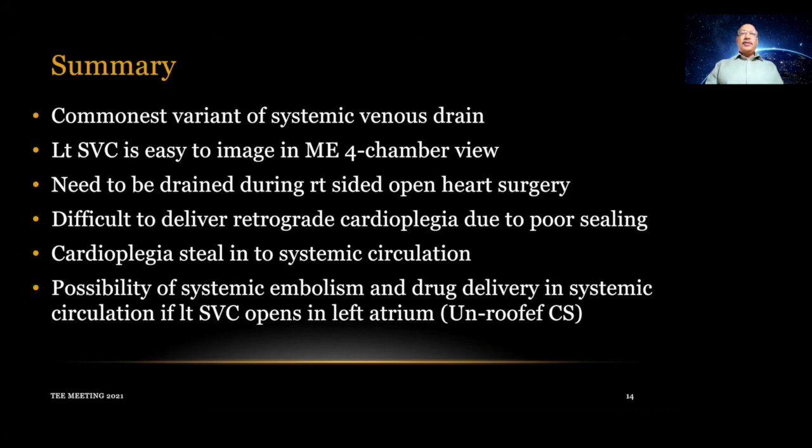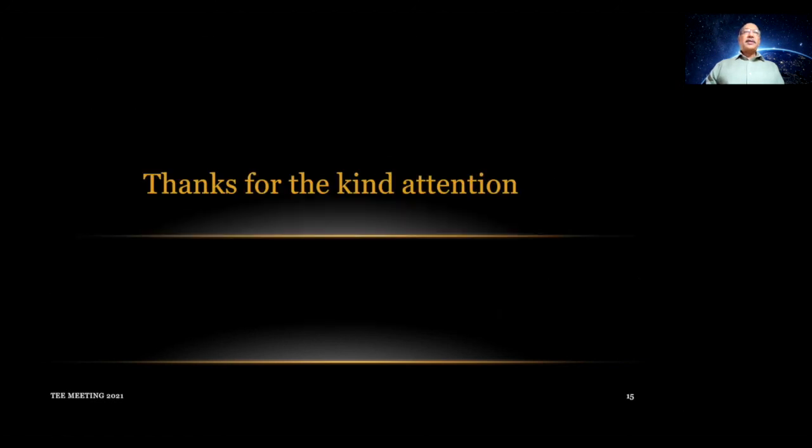And if cardioplegia is delivered in spite of that, it will spread into the systemic circulation. Therefore, the protective effect on the myocardium will be compromised. And in the presence of left SVC, there is always a possibility of systemic embolism and drug delivery into the systemic circulation if the left SVC opens into the left atrium, that is, in the presence of an unroofed coronary sinus.